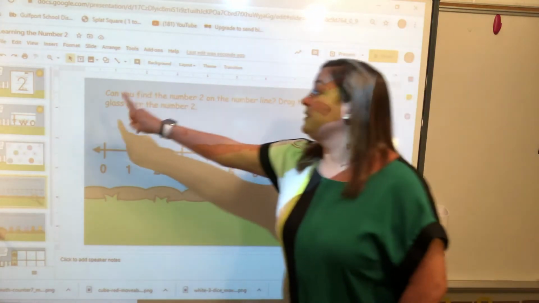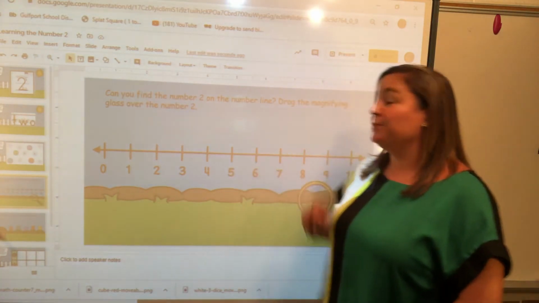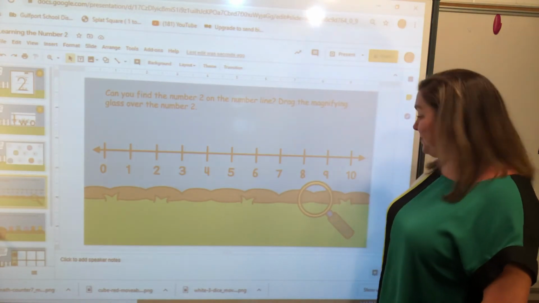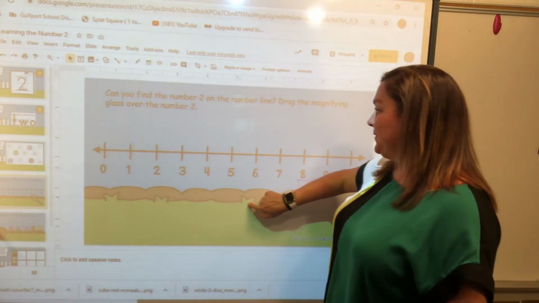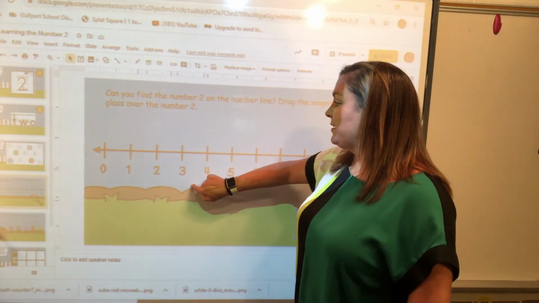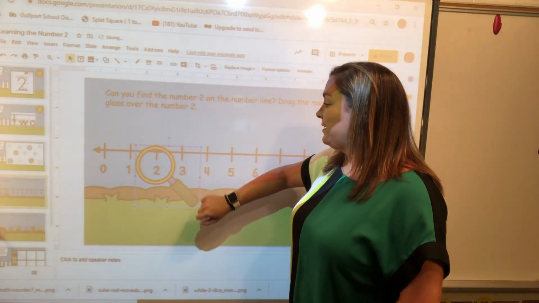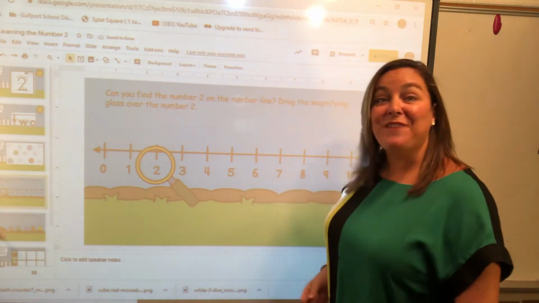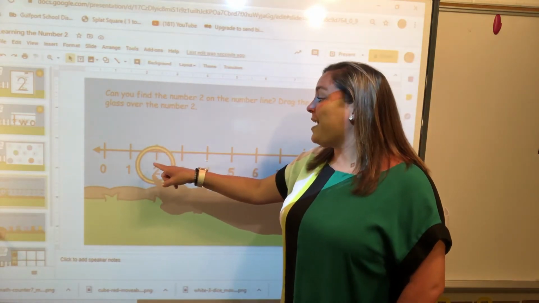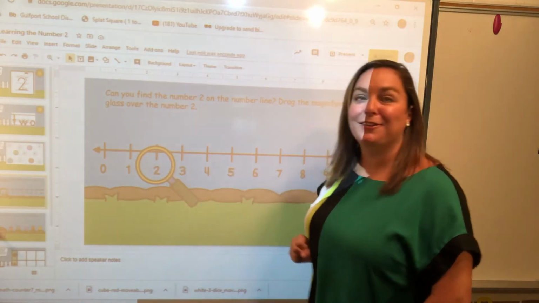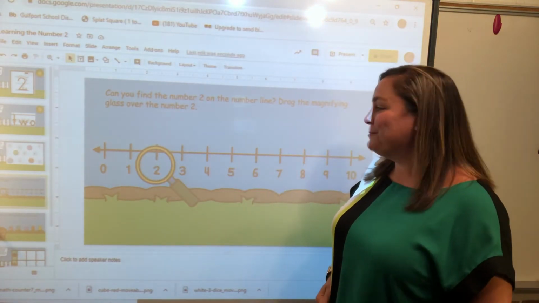Drag the magnifying glass over the number 2. Let's find our number 2. We found it. Our number 2 curves around and slides to the right. Awesome job.